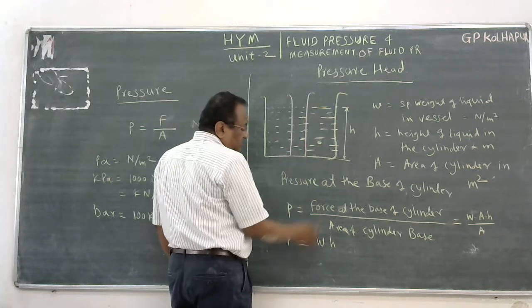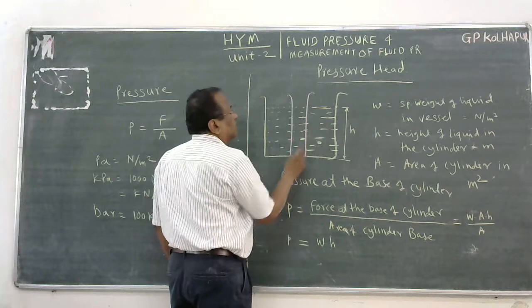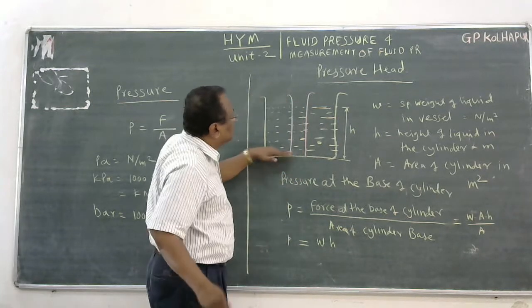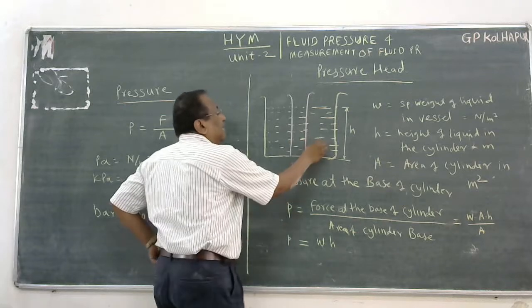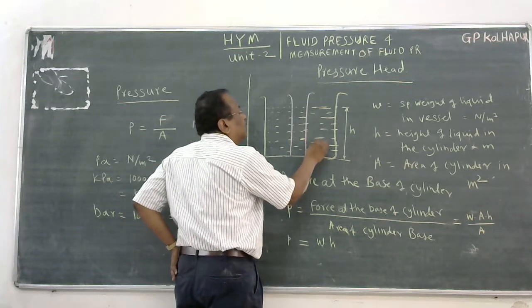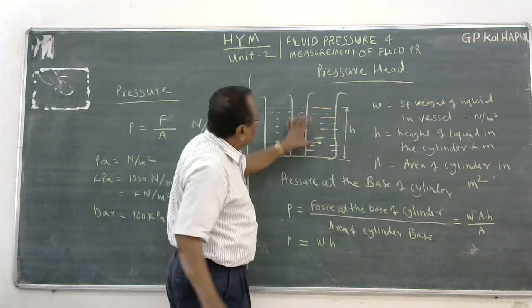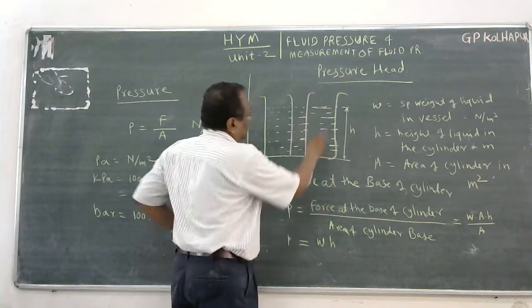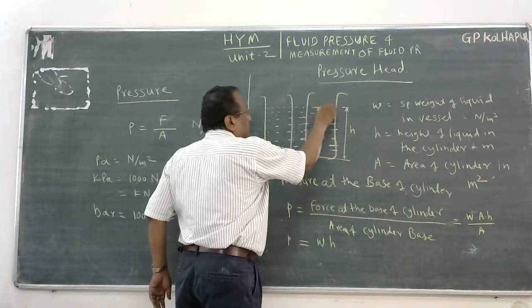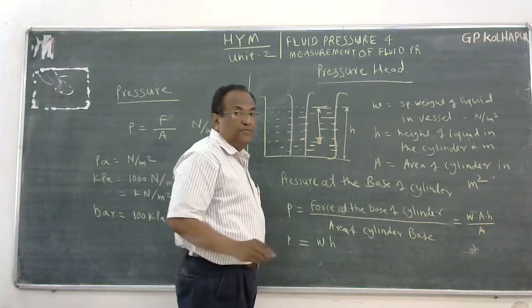Here the pressure is H meters of water because there is H meters height over this surface. If you take any point here, the distance of the free liquid surface from this point will be the pressure at this point.